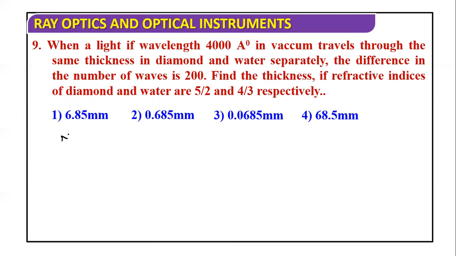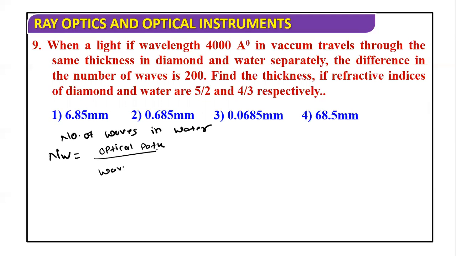Here, the number of waves in water, let's say it is NW. It is given by optical path upon wavelength.